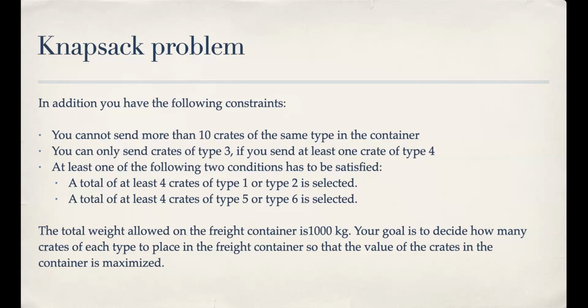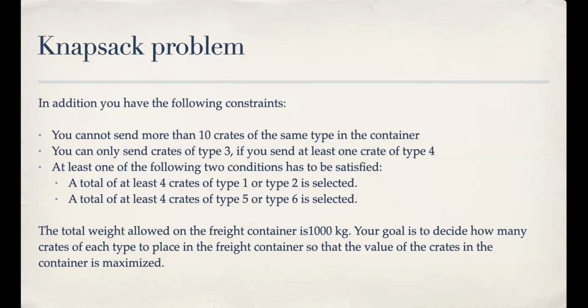And what else? You can only send crates of type 3 if you send at least one crate of type 4. What does it mean? If you want to choose type 3, you must also choose type 4, at least one crate.